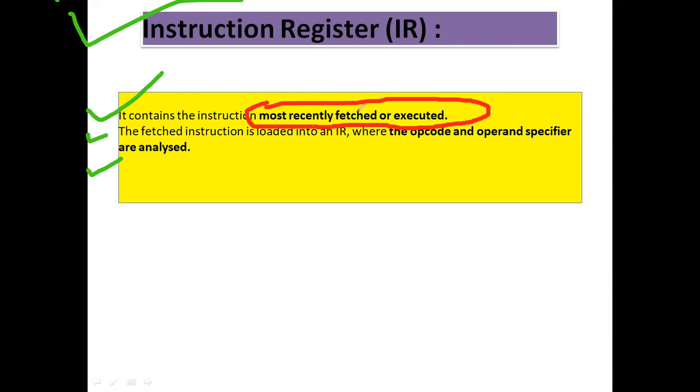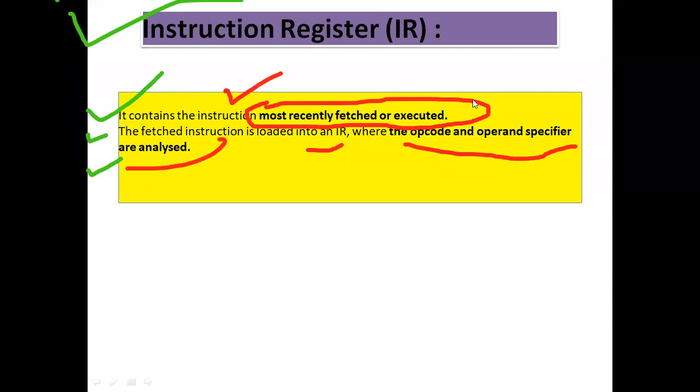I'm repeating again: the instruction register contains that instruction which is most recently fetched or executed. The fetched instruction is loaded into an IR where the opcode and operand specifier are analyzed.